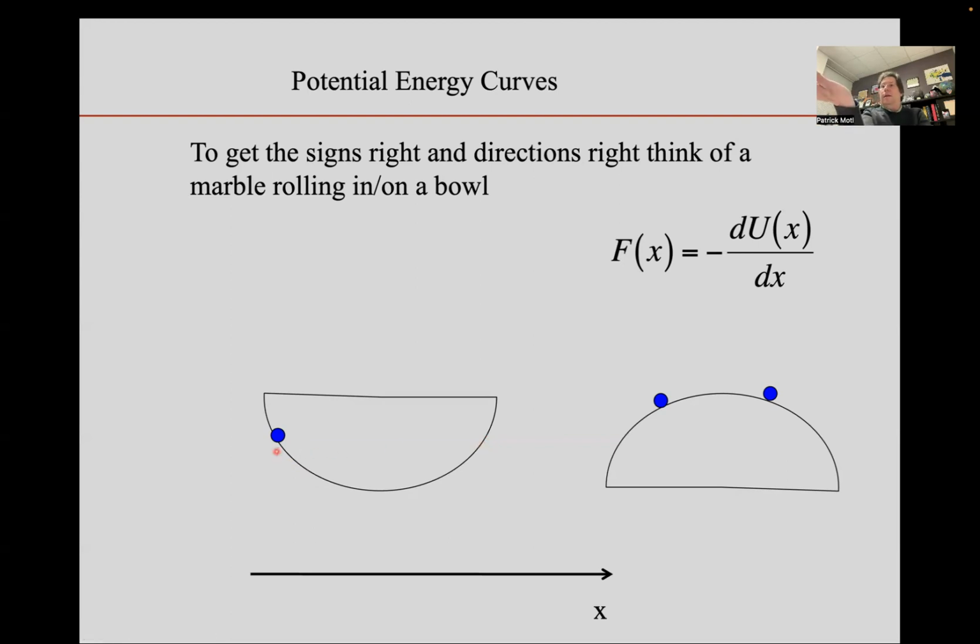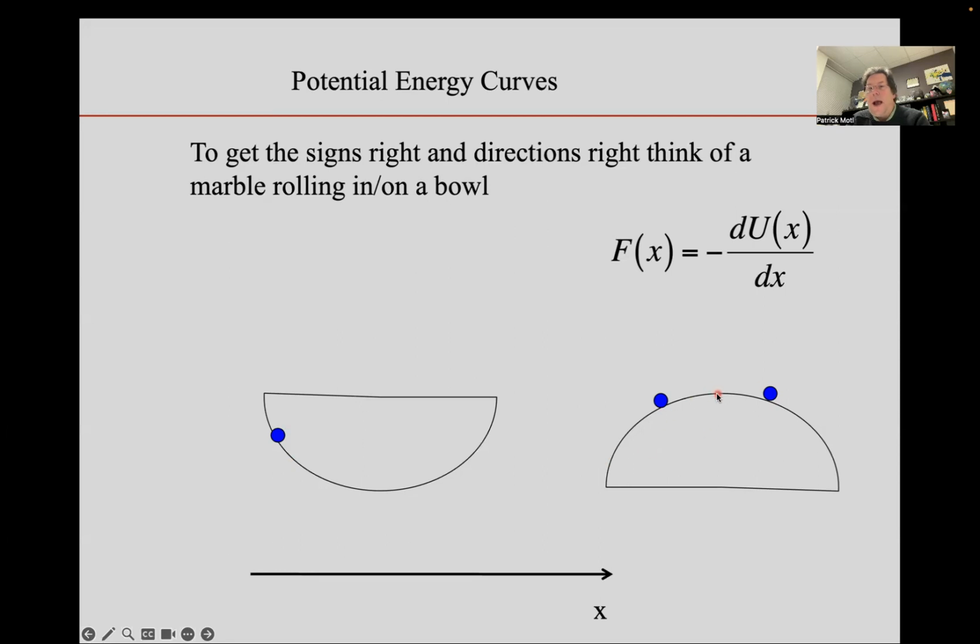The other thing I can think about is take the bowl and flip it over. And now I'm going to set marbles on the top of the bowl. Now the marble here on the left, the slope is positive because the potential is increasing. That means I'm going to have a force that points to the left. So the marble, as expected, is just going to roll off the bowl and go very far away from where it started.